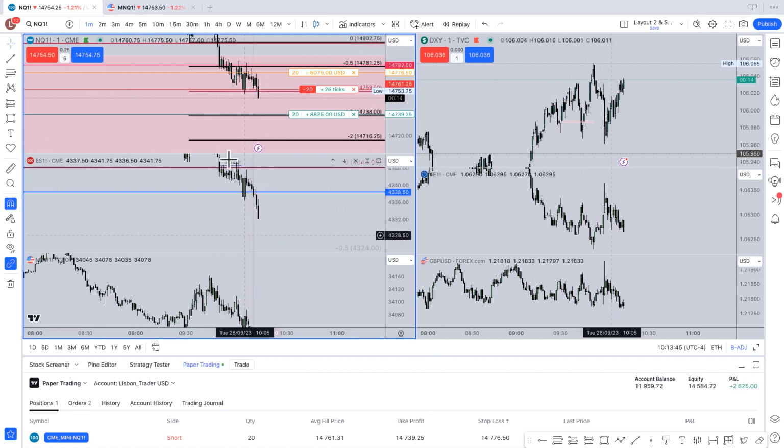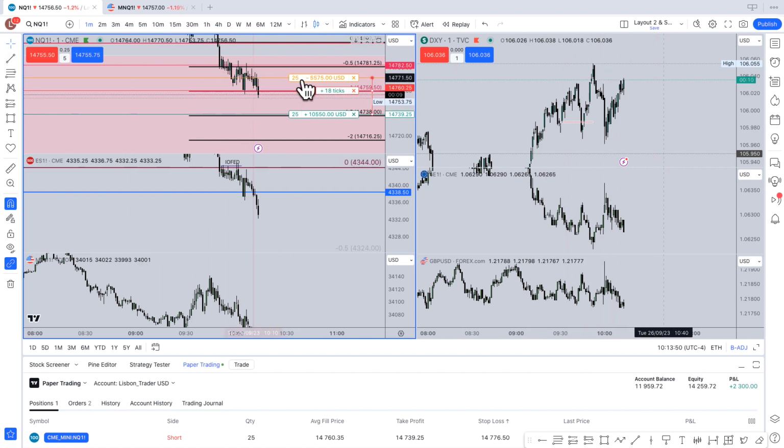Yes, it's lowering. Okay. We are talking. Okay.